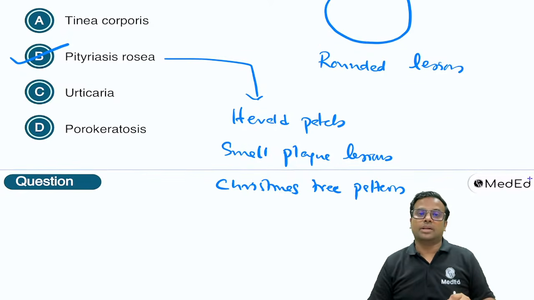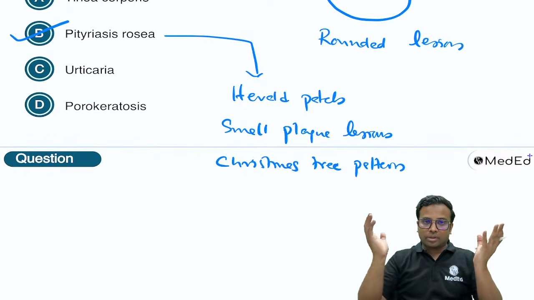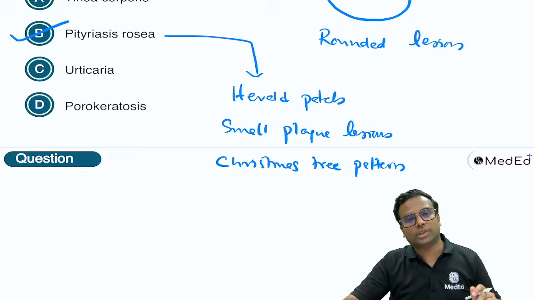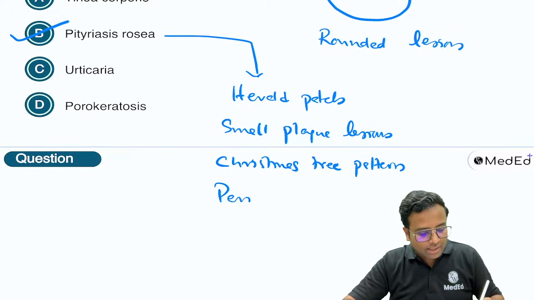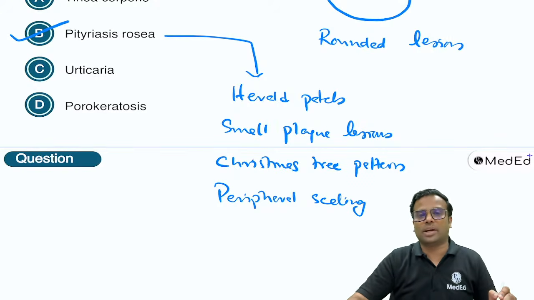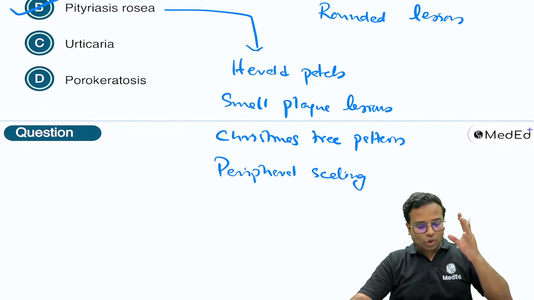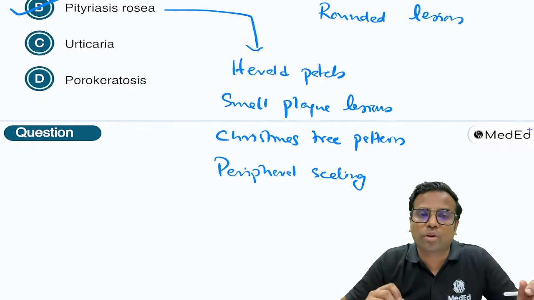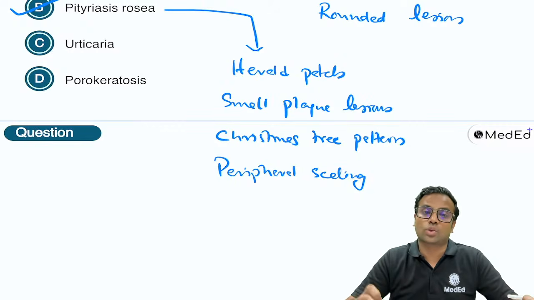Since the scaling is present towards the periphery of the lesions, we call it peripheral scaling, or a collarette of scales, cigarette paper like scaling, right? And what else? All these things are going to be the common findings in Pityriasis rosea.